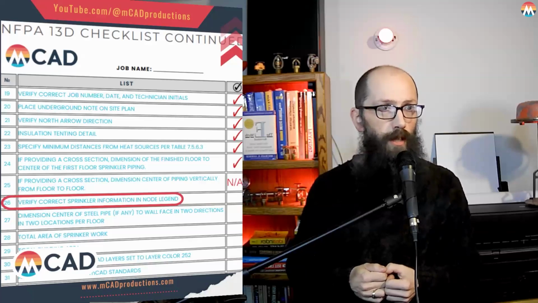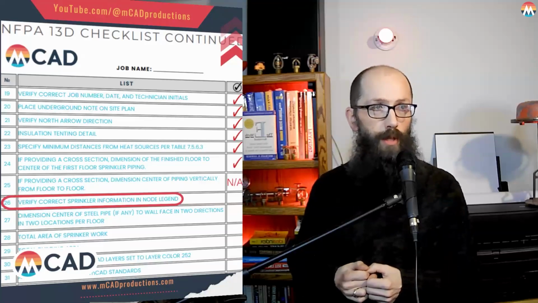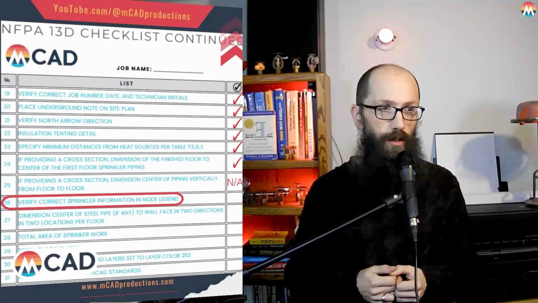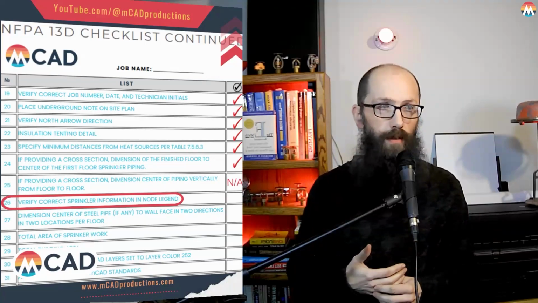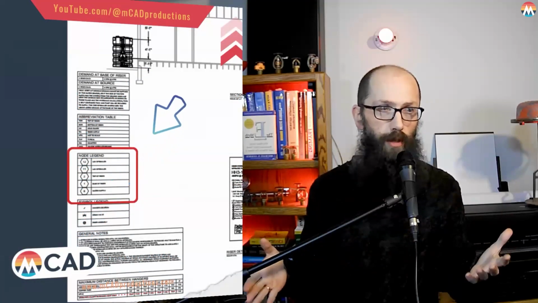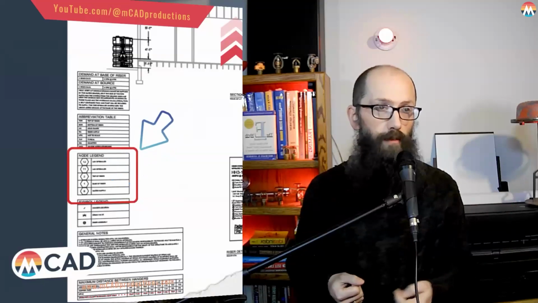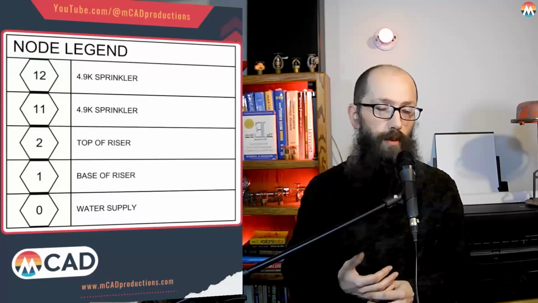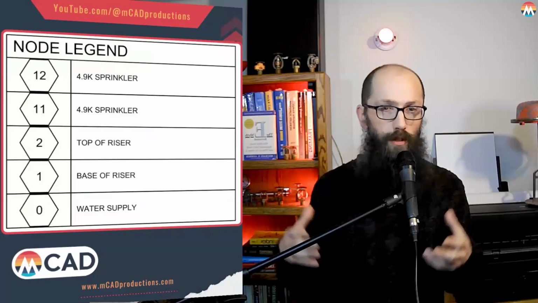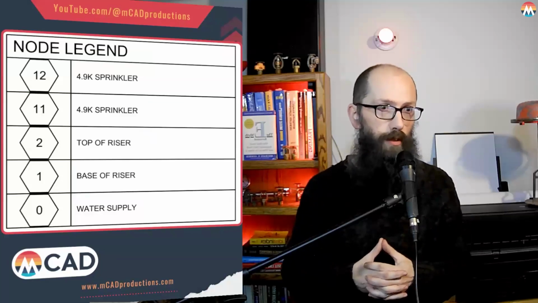So let's see, verify correct sprinkler information in node legend. Okay, so what is different from the sprinkler information we were talking about before is we have this little node legend to help the plans examiner understand what some of the nodes represent in the hydraulic calculation.